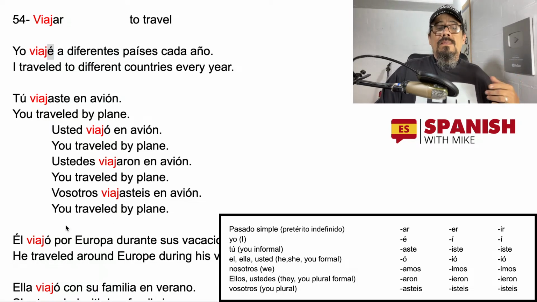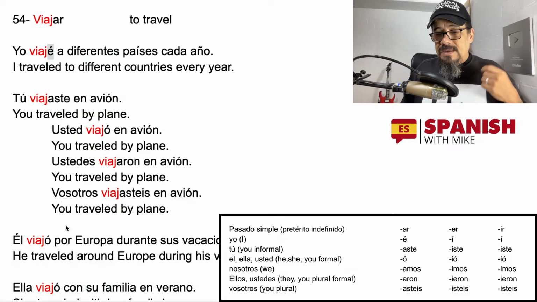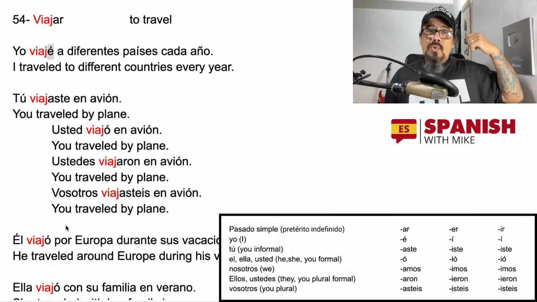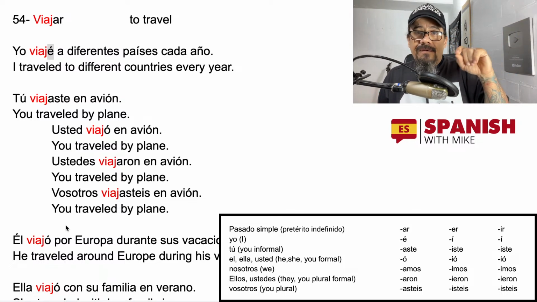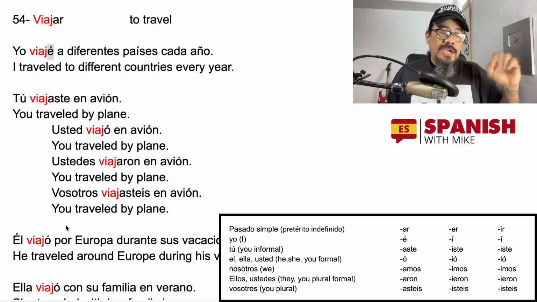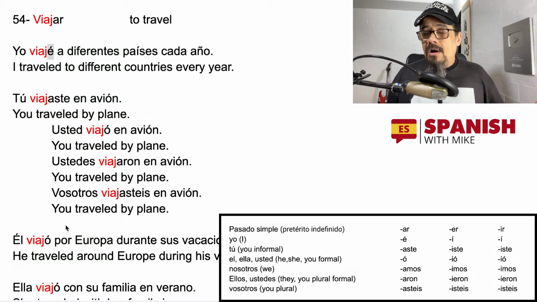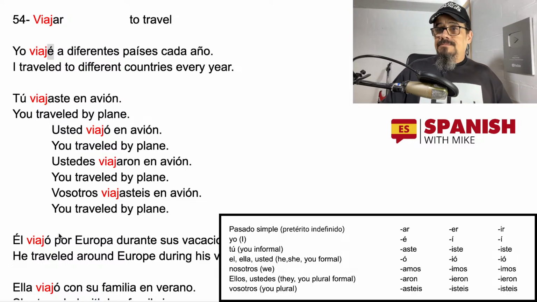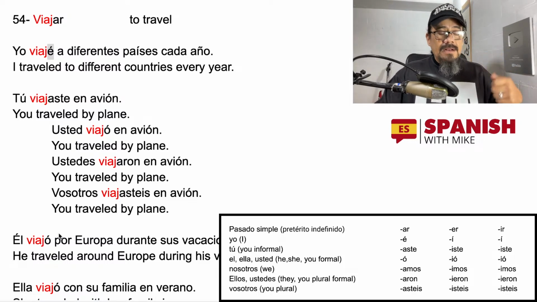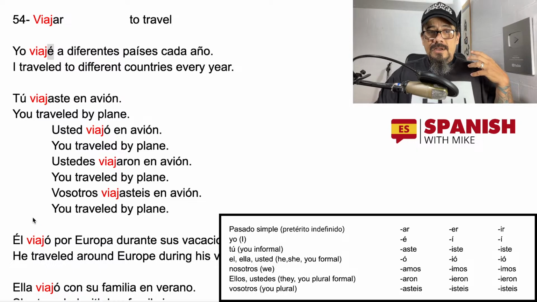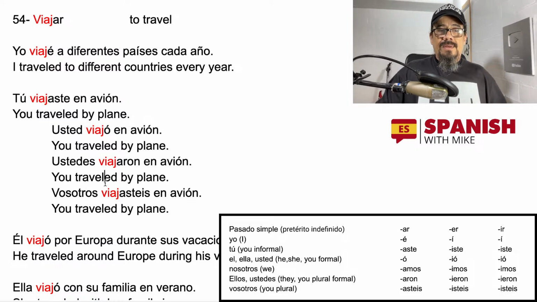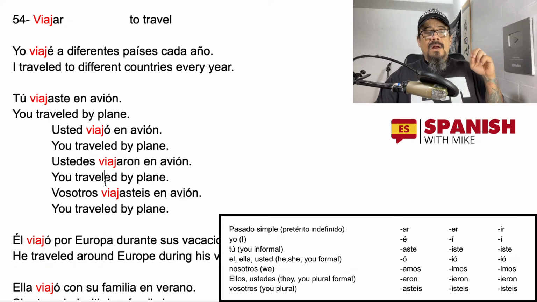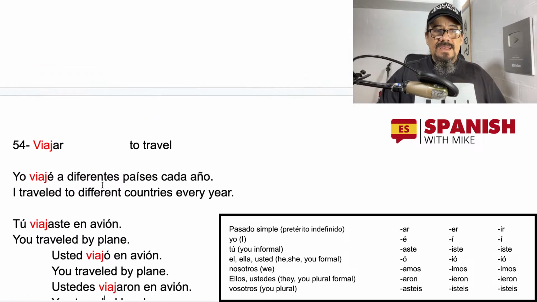I know at first it's some kind of a hassle to go through all of the different subjects, change the conjugation and so on, but that's part of the exercise. Remember, practice makes perfect, and little by little we're going to achieve the skill of conjugating these verbs.